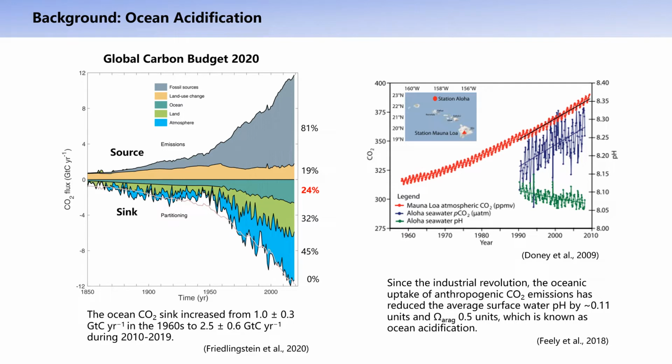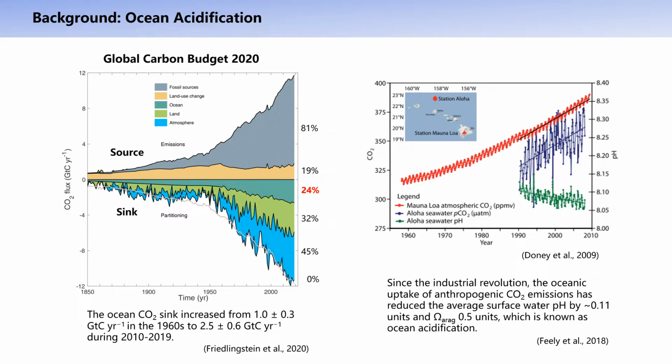Human activities have increased the atmospheric CO2 concentration from 280 ppm in the pre-industrial era to beyond 410 ppm at present. As a major sink of CO2, the ocean has absorbed about 24% of the total anthropogenic CO2 emissions over the past 6 decades, and the oceanic uptake rate has increased 2.5-fold from the 1960s to the past decade.